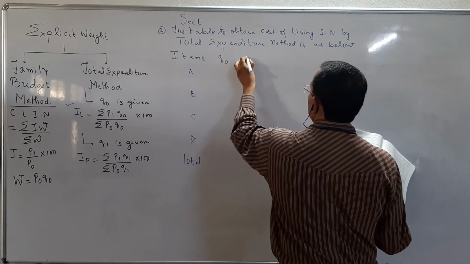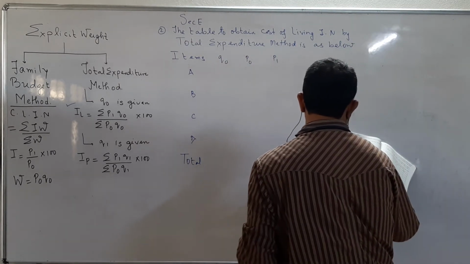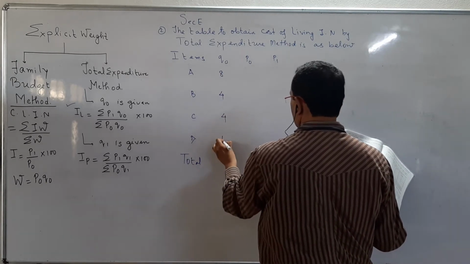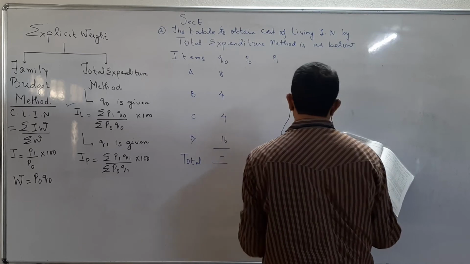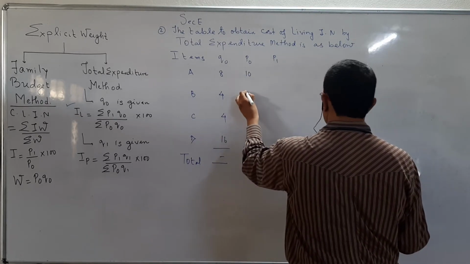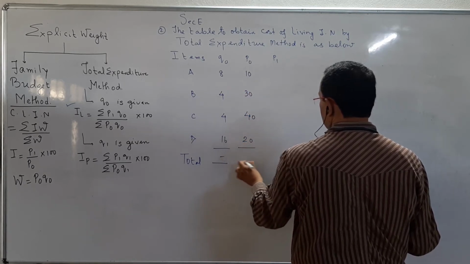So Q0, P0, P1. Various quantity is given: 8, 4, 4 and 16. Various price 10, 30, 40 and 20.